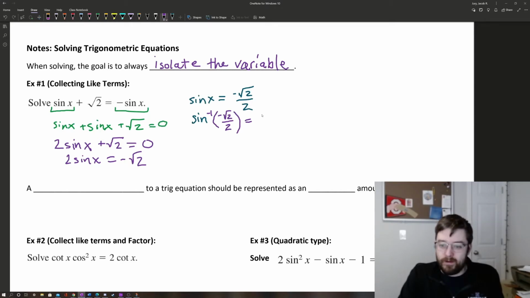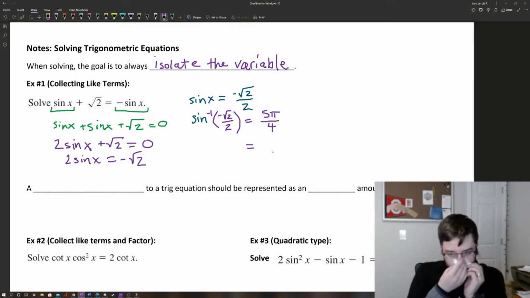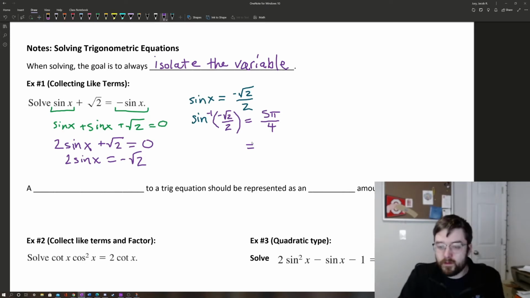Now, the first one that I can think of happens in the third quadrant. So that's 5 pi over 4. I've got another one that I know of that happens in the fourth quadrant, and that's 7 pi over 4. And you might be like, but wait, there's more.